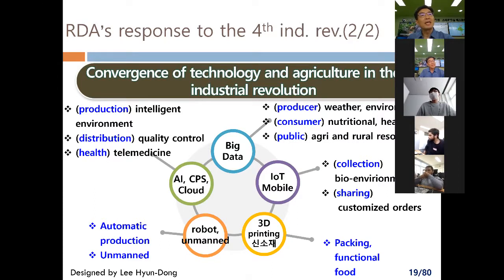AI, CPS, and cloud technology are used for production, distribution, and farmers' healthcare. Robots and autonomous driving are being studied for automatic production. Big data is used to increase the reliability of farmers and consumers. The IoT you learn at college is used as a key technology for collecting and sharing information.